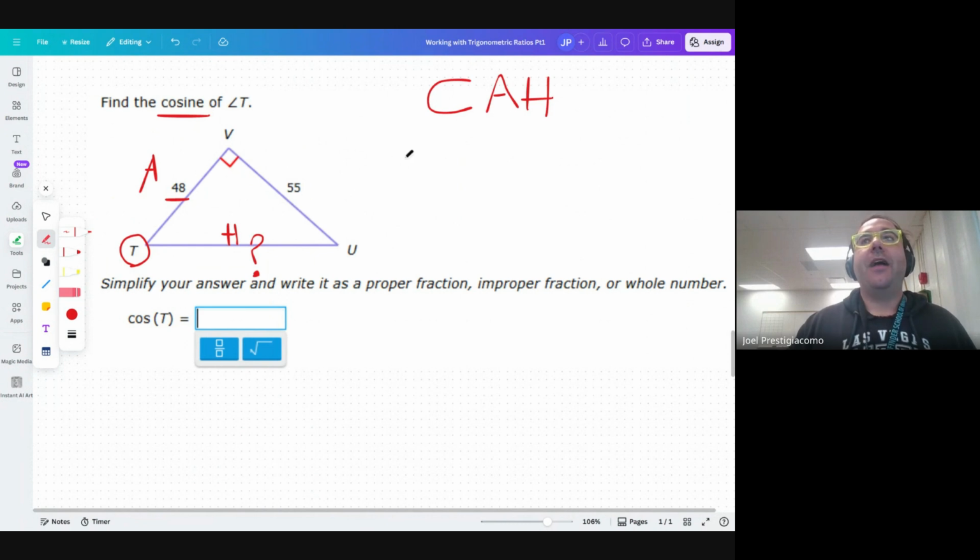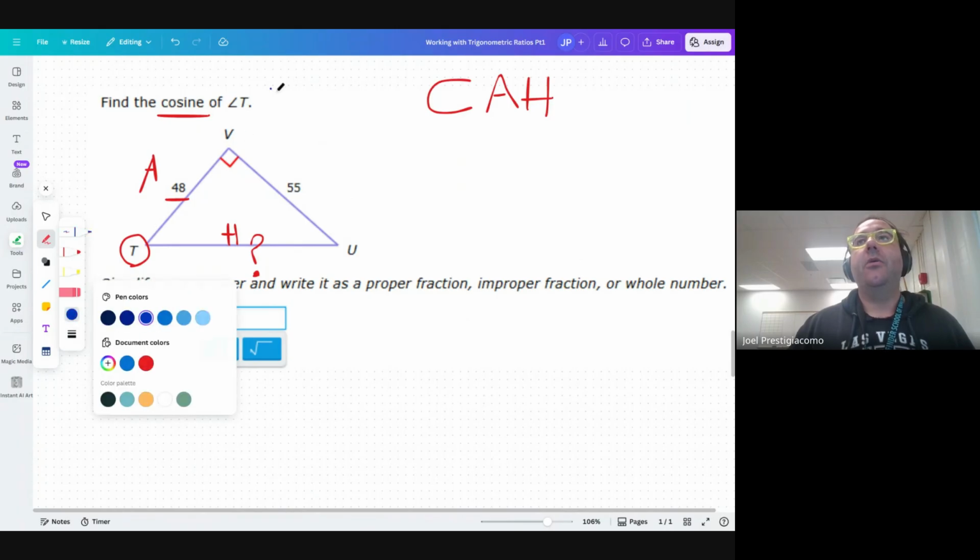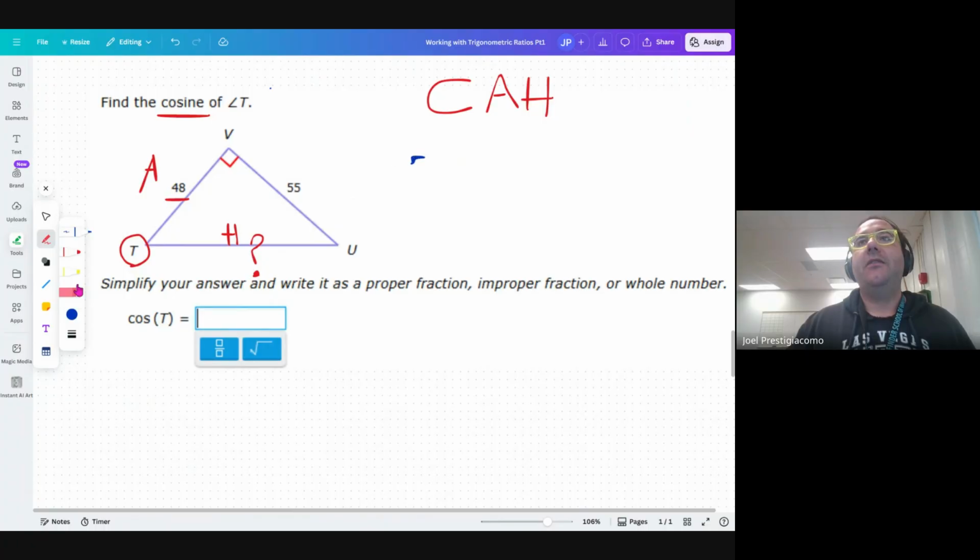So the way that we can find the hypotenuse is by using the Pythagorean theorem. The Pythagorean theorem says a squared plus b squared is equal to c squared. So if we plug in A and B, this would be 48 and 55.